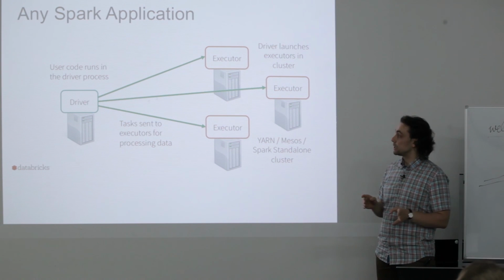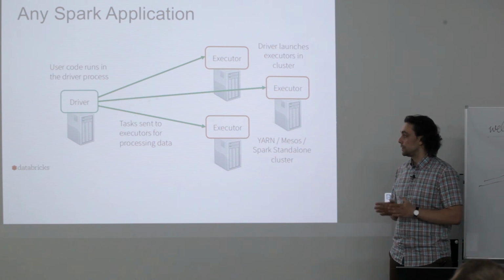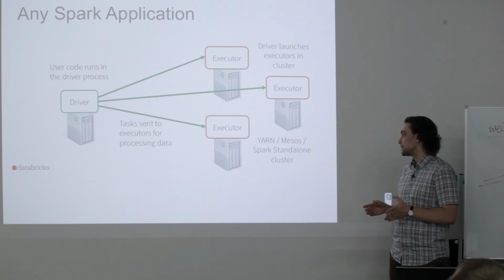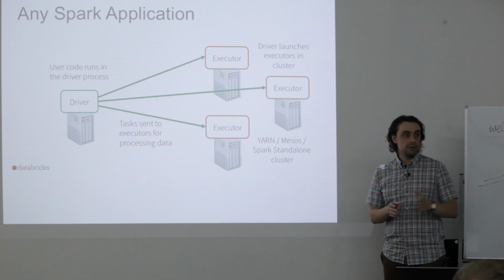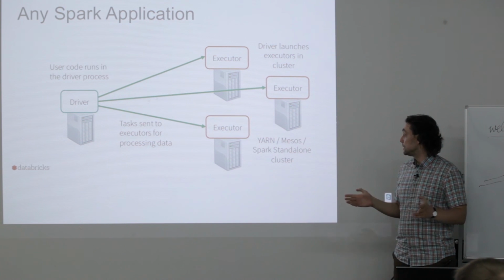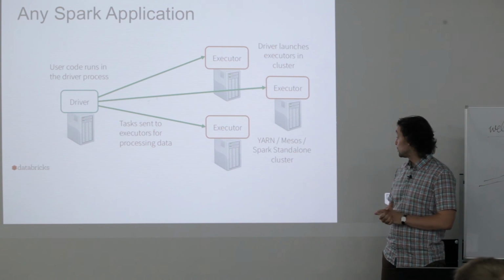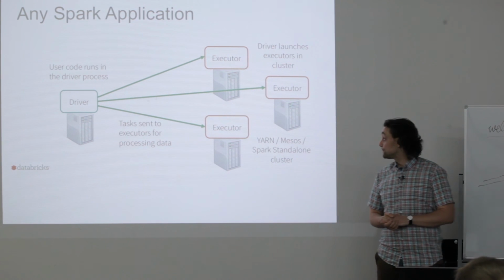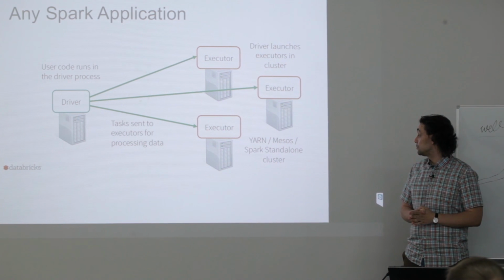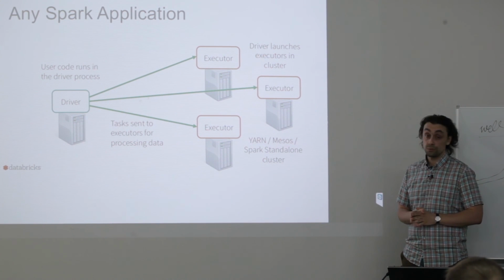For any Spark application, one of the necessary things is some cluster. Currently available are YARN, Mesos, and Spark itself. Also, you could run Spark in a standalone cluster, and as we know, some people do this in production. Why not?